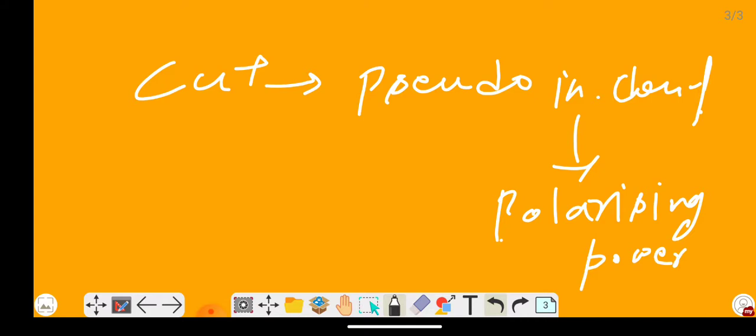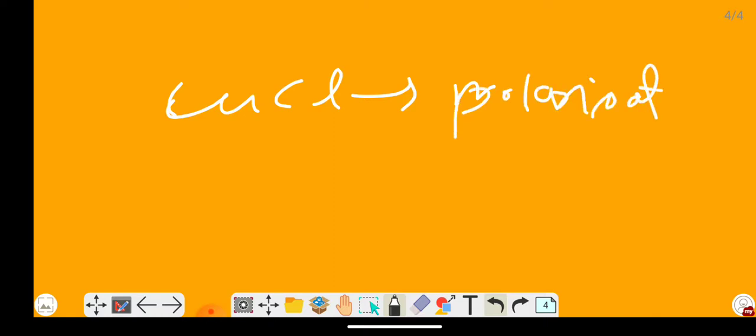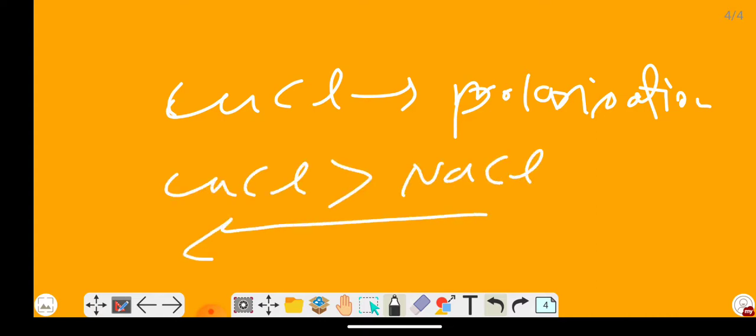So in CuCl there is more polarization, so the covalent character will be more than NaCl, because in CuCl we have a pseudo inert configuration, but in NaCl we have an inert configuration.